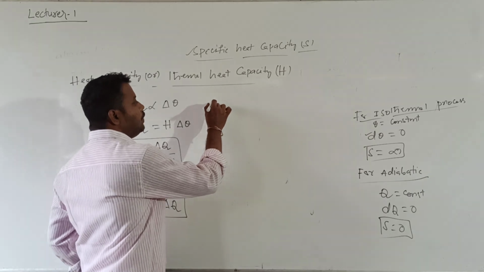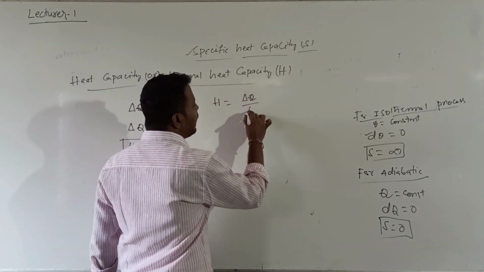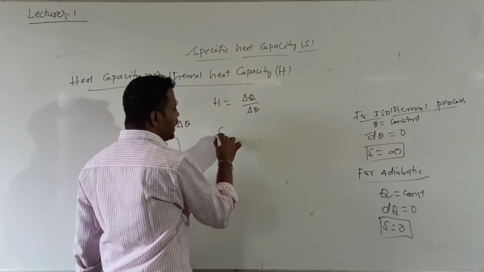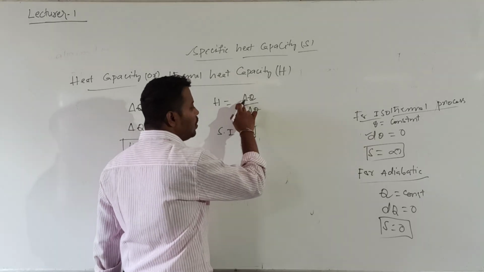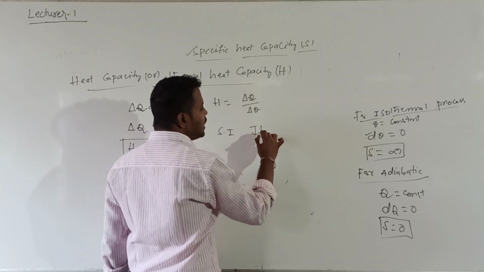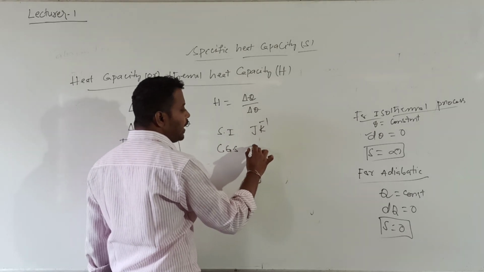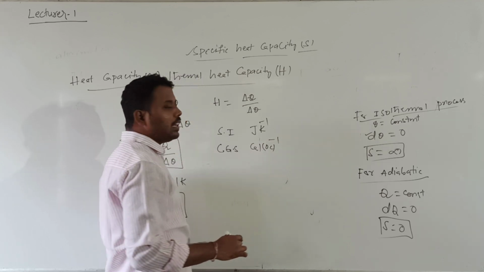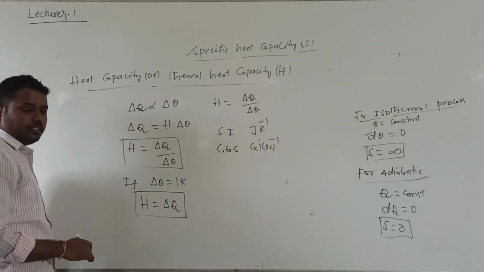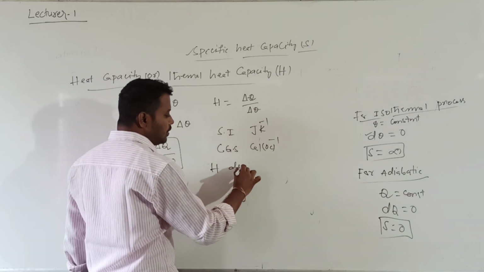So heat capacity formula: H is delta Q divided by delta theta. The SI unit of heat capacity is joule Kelvin inverse, whereas the CGS unit is calorie centigrade inverse.